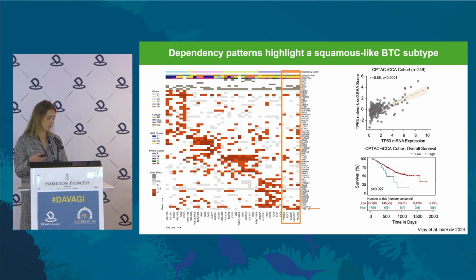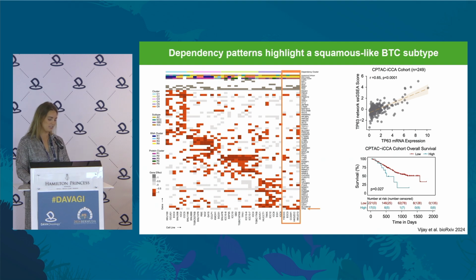And up here on the top right, you can see that when we look at the transcriptomic data from patient tumors, there's this correlation between TP63 expression and this TP63 network that we see in this specific cluster. And we found that this specific type of tumor was seen in about 5 to 10% of biliary cancers, which was higher than expected.